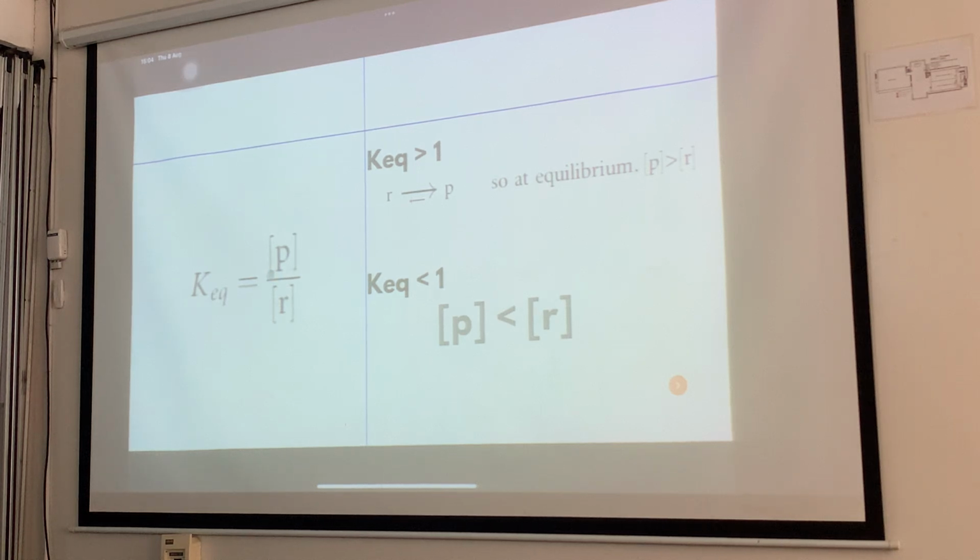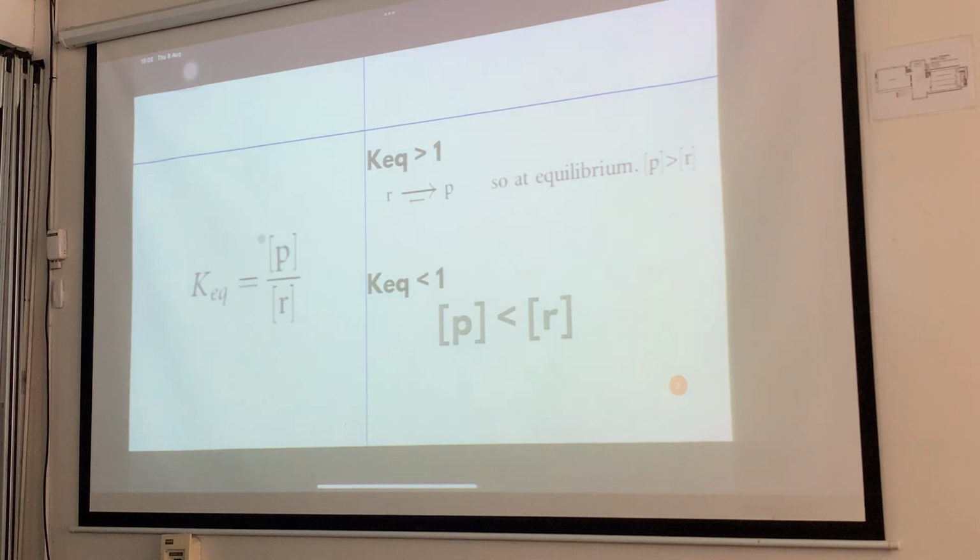But sometimes the concept of the point of equilibrium is taken to mean that the concentrations of R and P should be equal. But in physiological terms, in our body, it doesn't happen. It's not equal at all times.